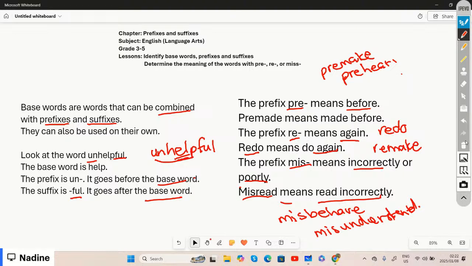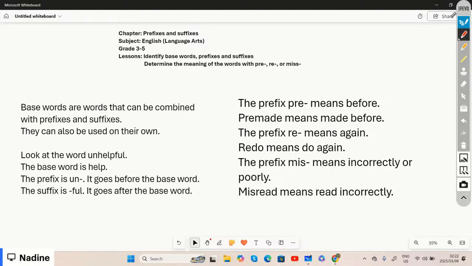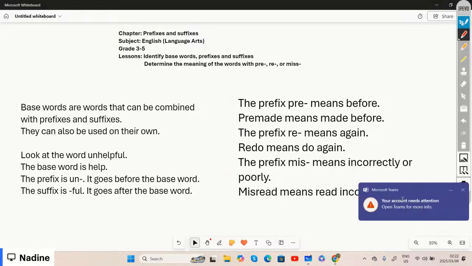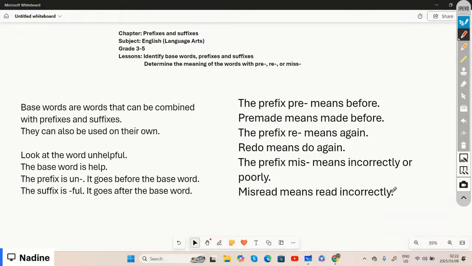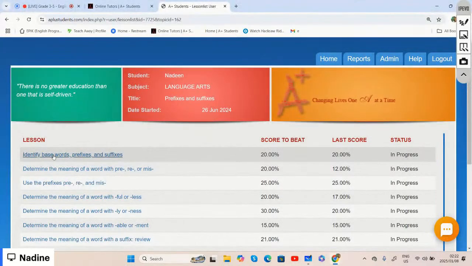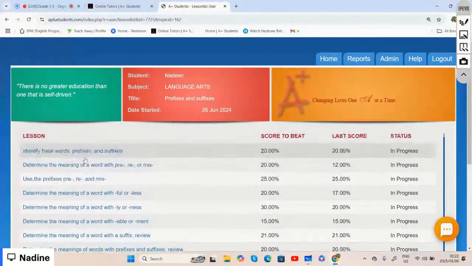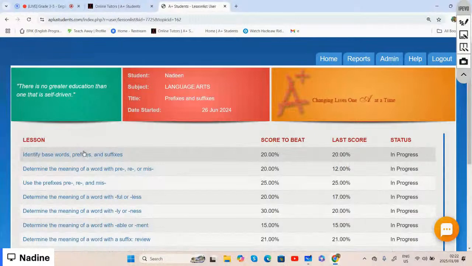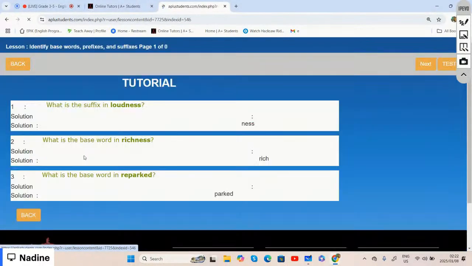All right. So now we're going to A plus students.ca. All right. So we're going to identify words like base words, prefixes, and suffixes.